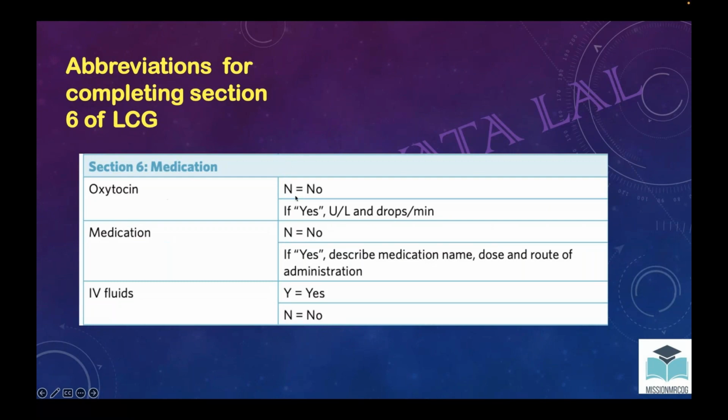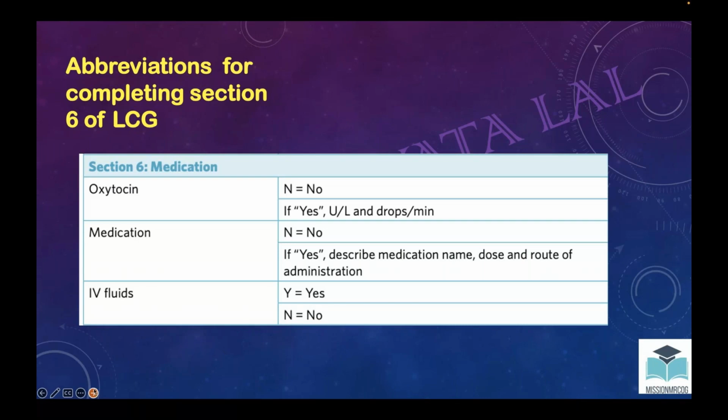Oxytocin: N if it is not there; if it is there, then you write units per liter or drops per minute. Medication: N if it is not given; if it is, then name, dose, and route of medication. IV fluid, yes or no, that is Y and N. That depends on whether the patient is on fluid or not.